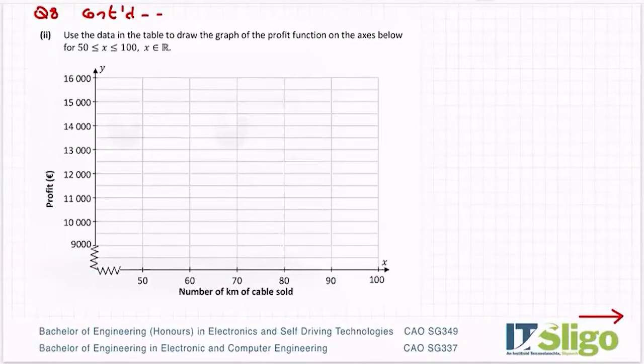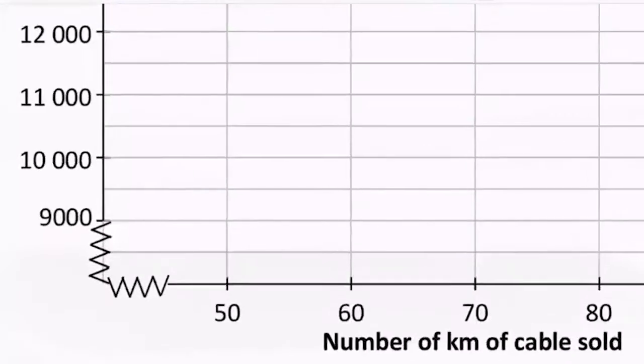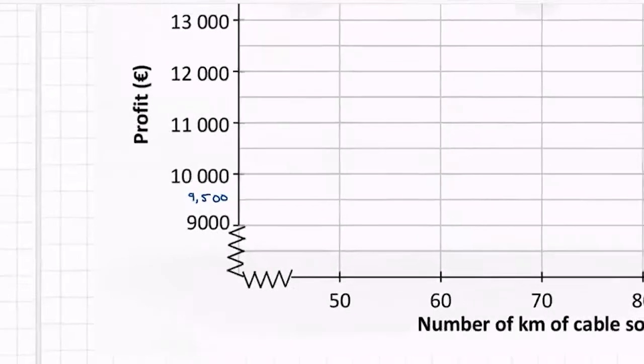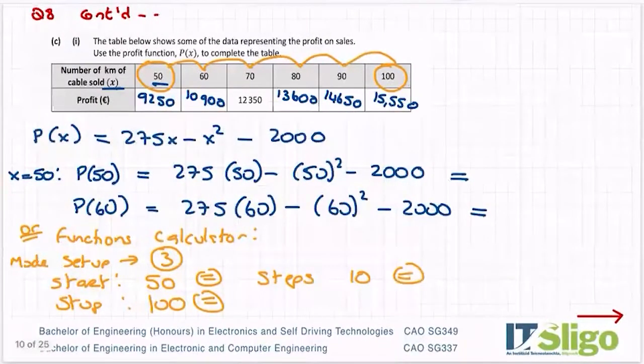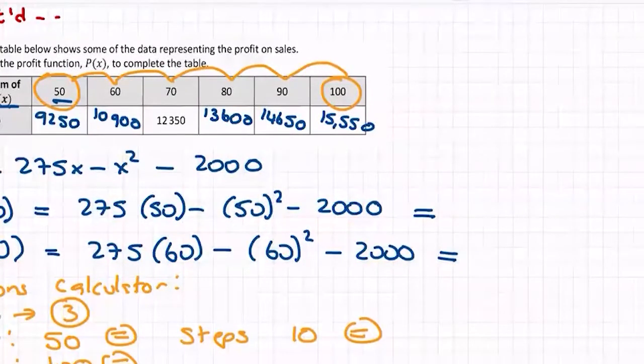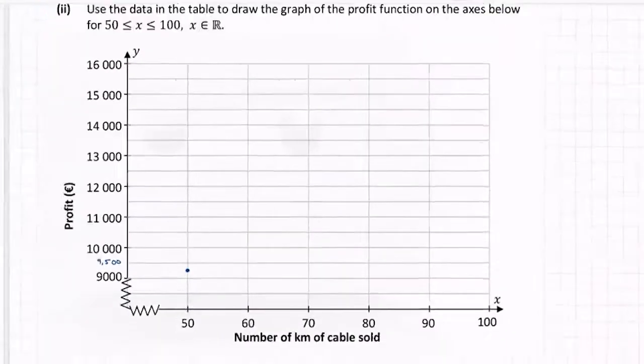So 50, 9250. Okay, so that's 9,000, 10,000. So in the middle is 9,500. I can't remember what I got now. I've forgotten already. 9250. So 250 then is halfway between 9,000 and 9,500. So it's roughly there. So for 60, I have 10,900.